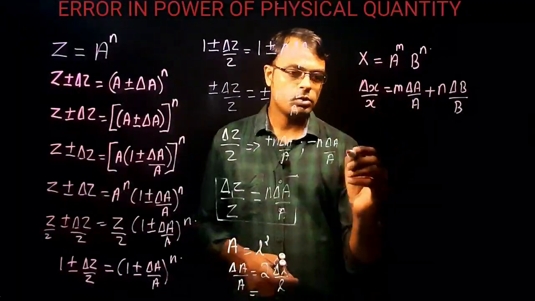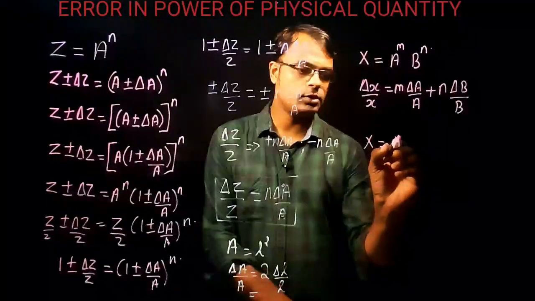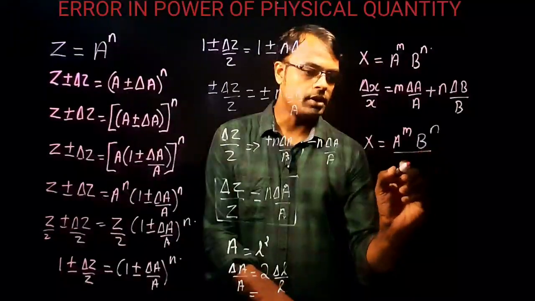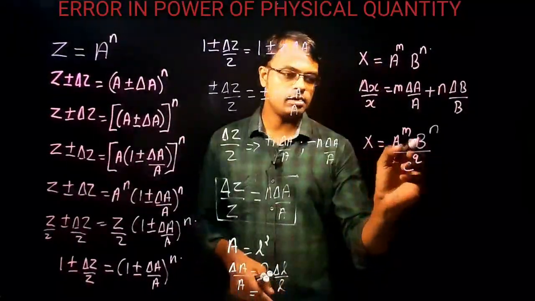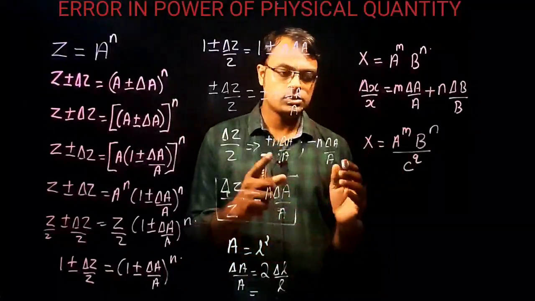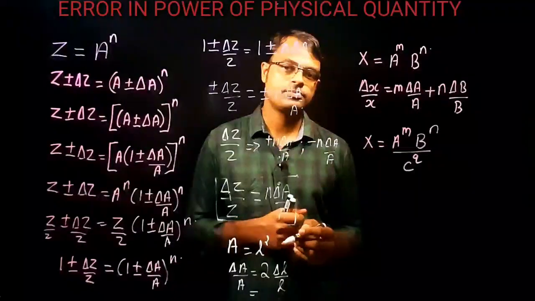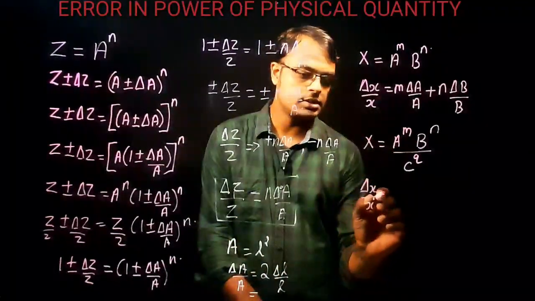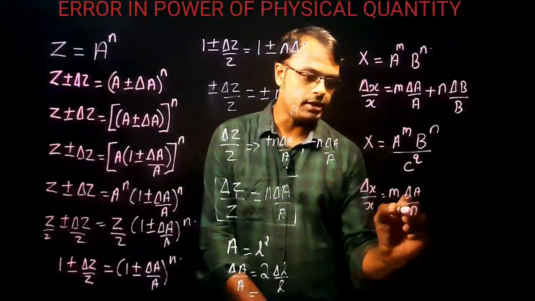Alright. One more example. If I am writing here x is equal to a to the power m b to the power n divided by c to the power q. Alright. This a, b, c are the measured values. The question is here, what is the effective or maximum possible error in x? Again write here delta x by x is equal to m times delta a by a.